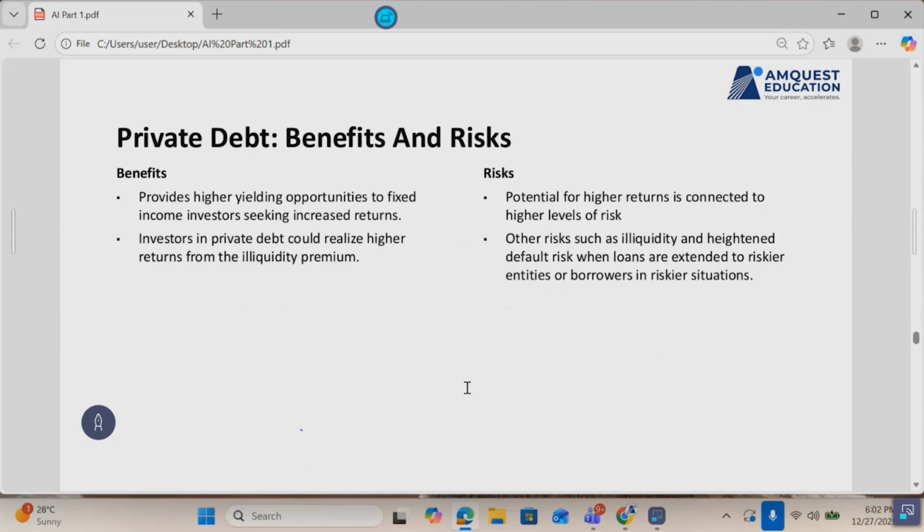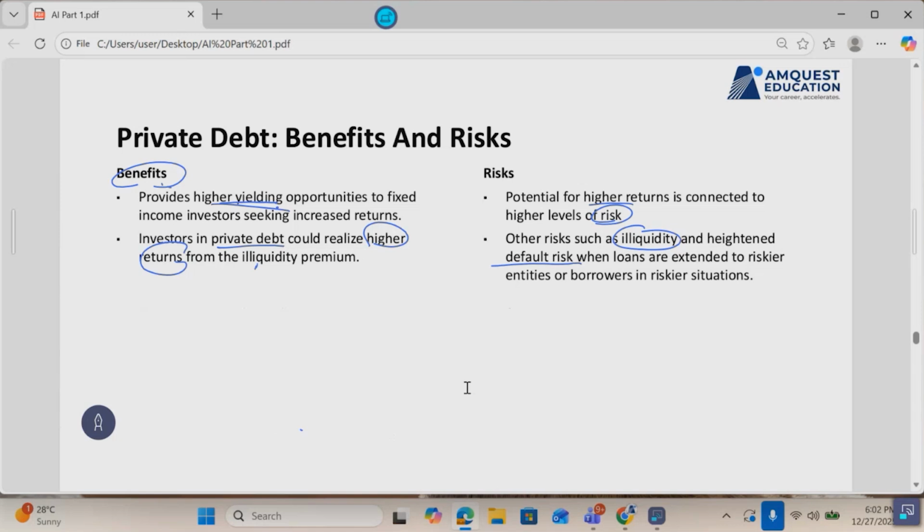This is private debt. Private debt gives you high yield opportunities. You can earn more than what other debt is giving, and they can realize higher returns because remember it's an illiquidity premium. But the bigger risk is that there is higher risk involved and higher illiquidity. Remember, default risk is more possible because you privately give the borrowing, so it's private debt.